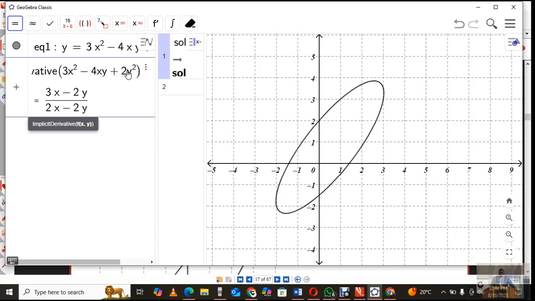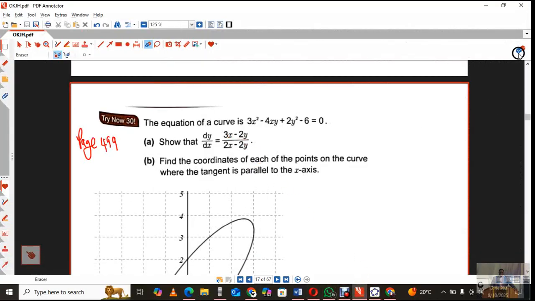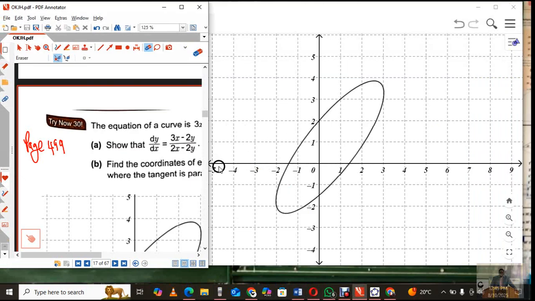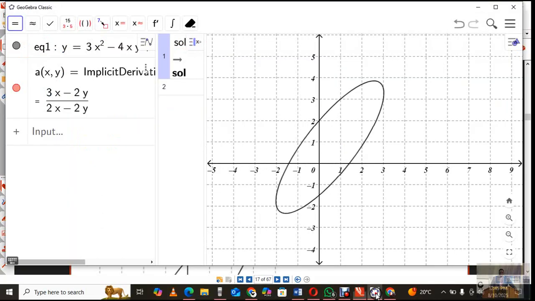So you can see it's doing it. And this, 3x minus 2y over 2x minus 2y, that is what we are supposed to get. Is it not so? That's what we are supposed to get if you look at it nicely. Okay, good. So I just used the software to show you.